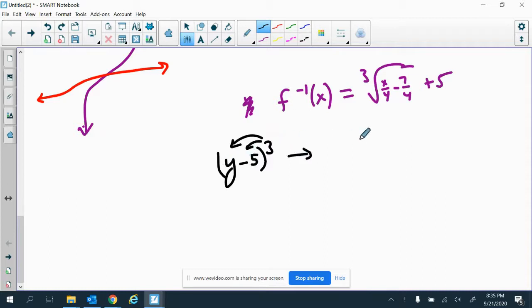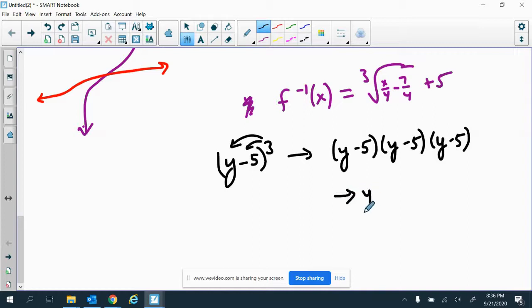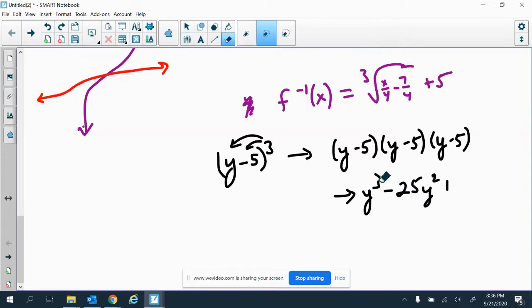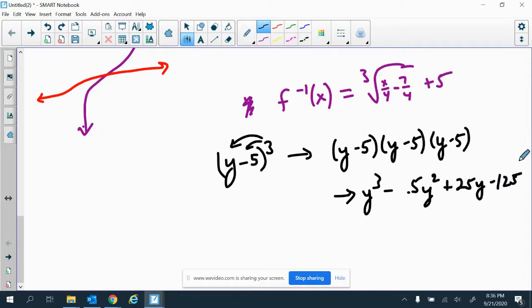If you were going to distribute this, you would have to write y minus 5 times y minus 5 times y minus 5 and do a bunch of multiplying, and you'd end up with y cubed minus 15y squared, or I'm sorry, minus 5y squared plus 25y minus 125. And you don't really want to do that because then it makes it harder to solve for y.